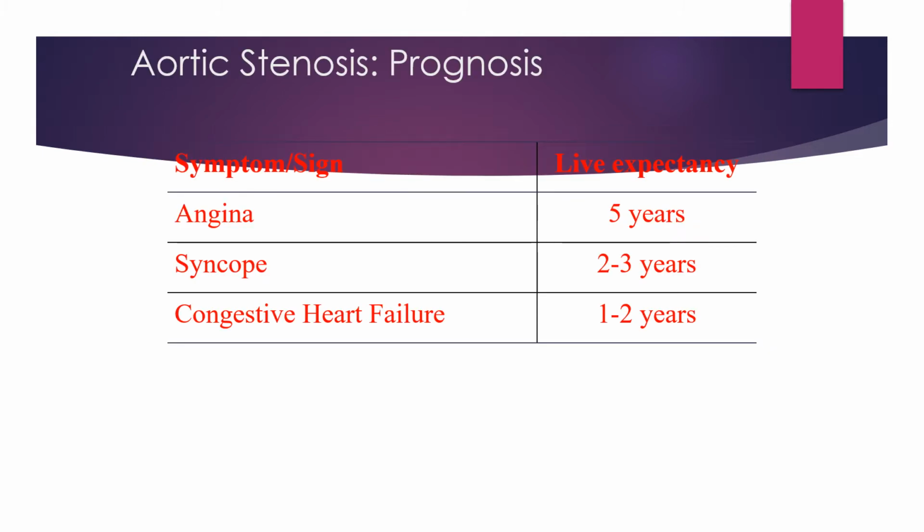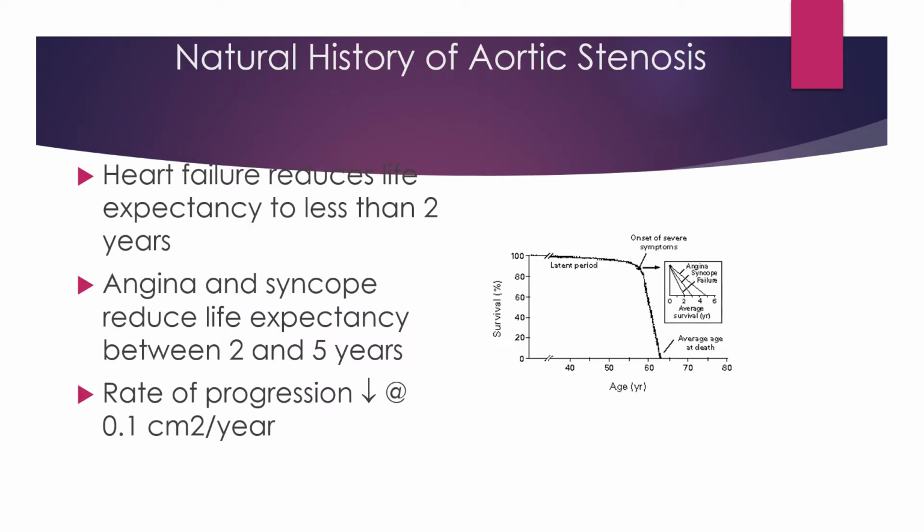If angina happens in aortic stenosis, the life expectancy is 5 years. If syncope happens, then 2 to 3 years, and if congestive heart failure is there, then 1 to 2 years. Heart failure reduces the life expectancy to less than 2 years.